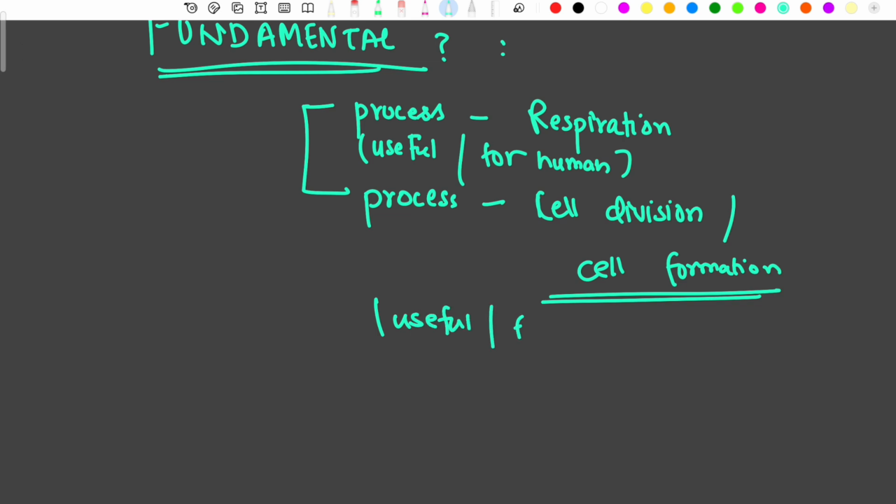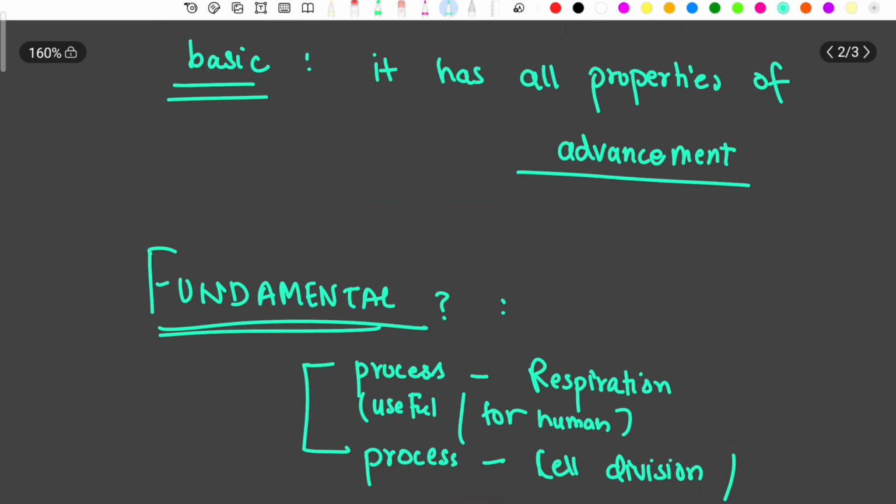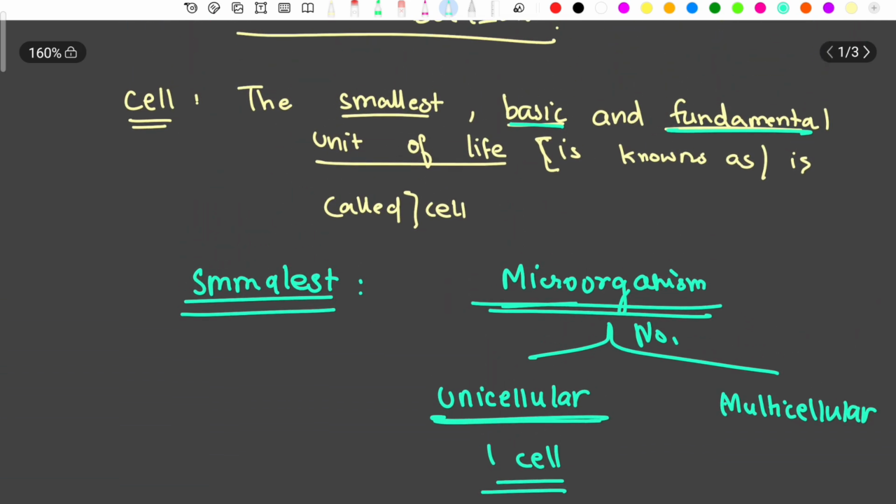But they are for the cell as well as for humans. Earlier we only had processes for humans, but here we have processes for the cell as well as humans. Now we know it is the fundamental unit of life.